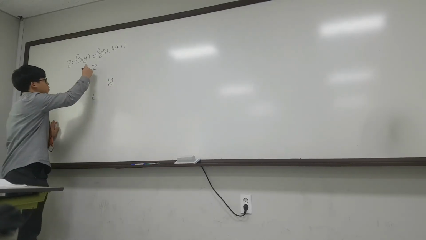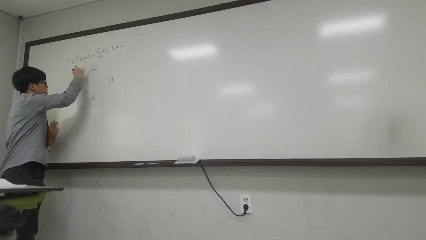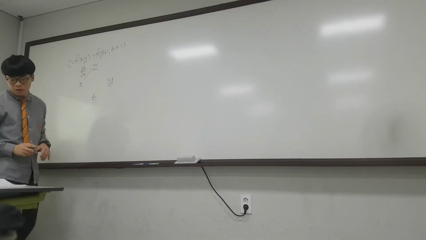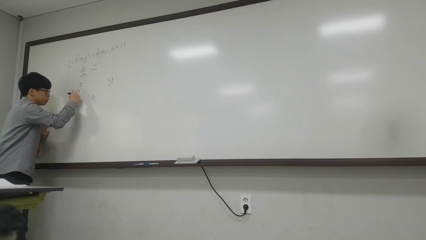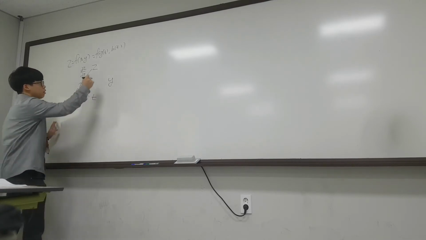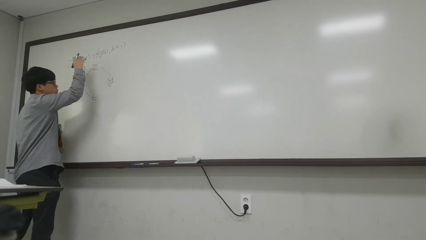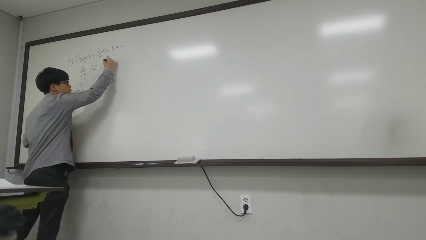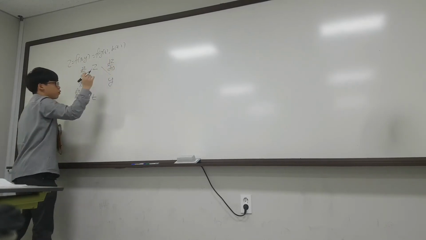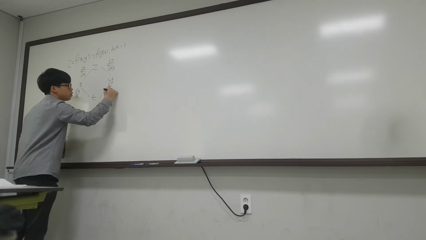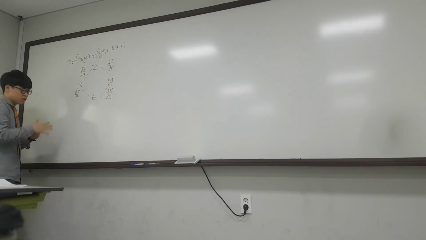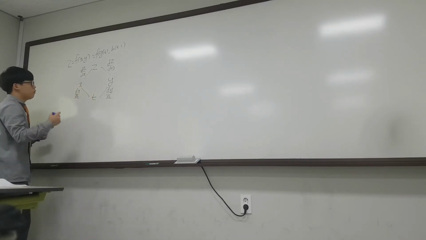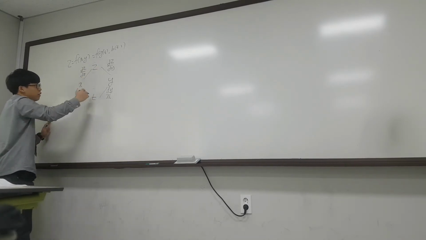If you go from z to x, it is dz dx, and if you go from x to t, it is dx dt. Same here: from z to y, and from y to t. And what we want to solve is dz dt, so we connect these.